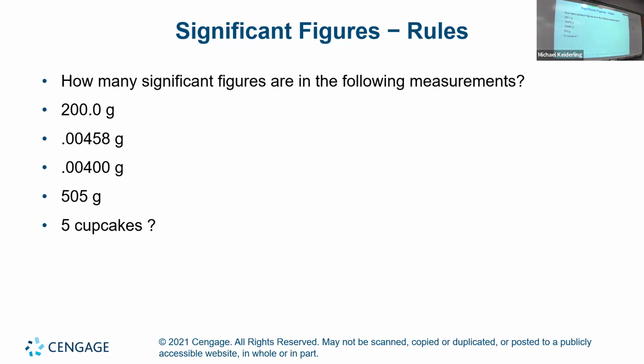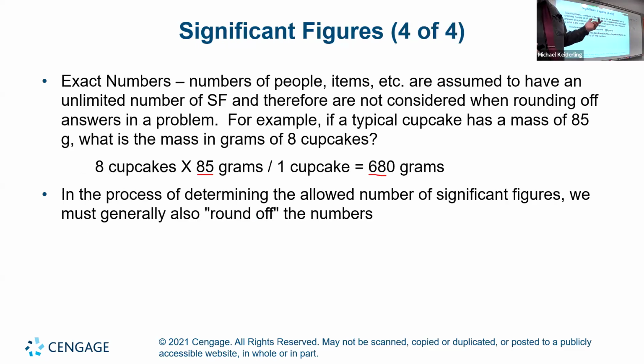How about 5 cupcakes? This is one of the exceptions. This is an exact number of things. We're not talking about we have 5.3 cupcakes or something. We have exactly 5 cupcakes. It's just a count. We know this to perfect precision. For exact numbers, like numbers of people, items, etc., they're assumed to have an unlimited number of significant figures, and we don't have to include them in a problem.